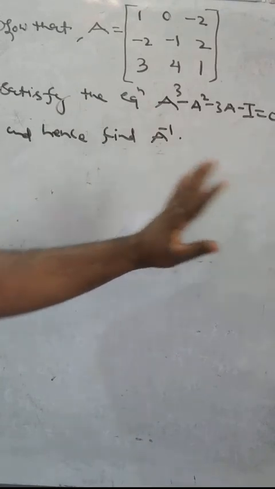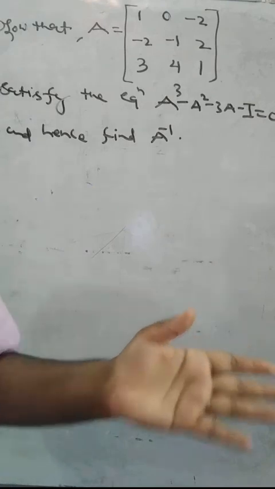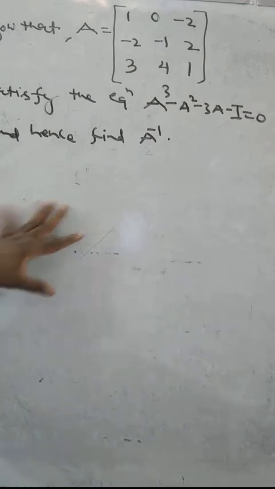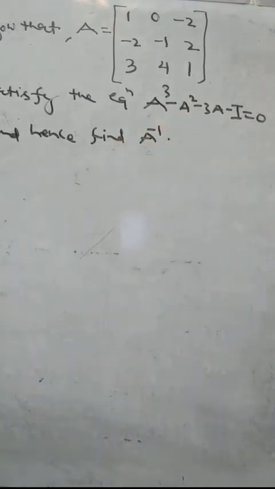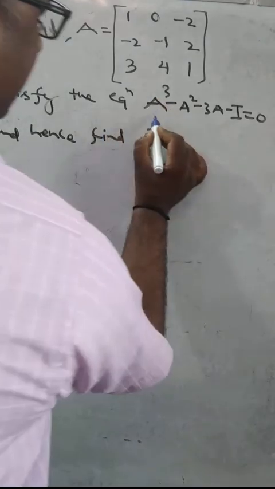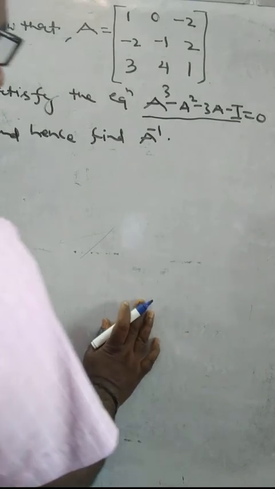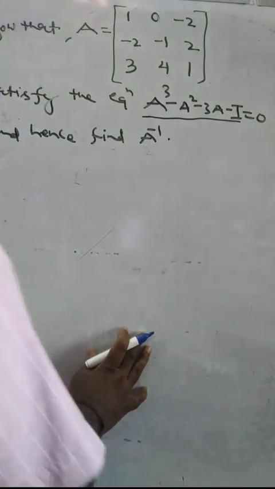That you already know from the chapter on multiplication of matrices, which we have already done, but I am going to give you the solution here also. What is important here, why am I giving this question?